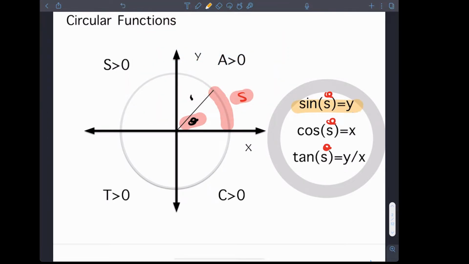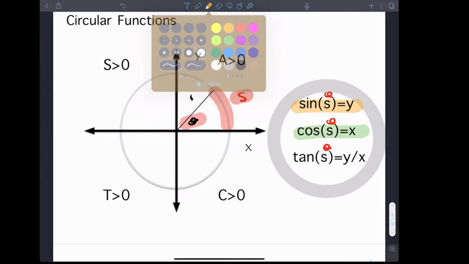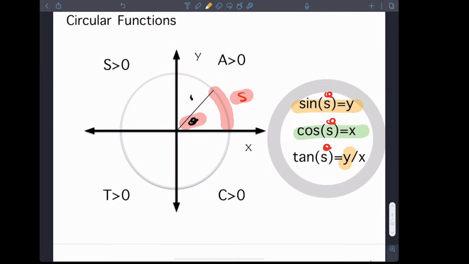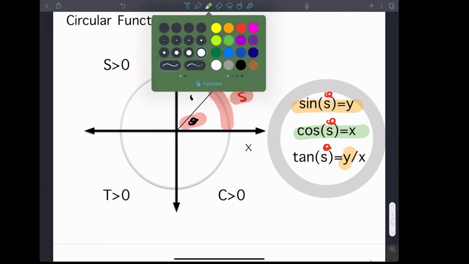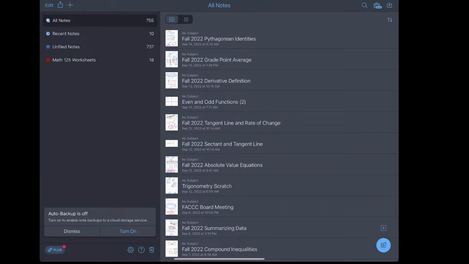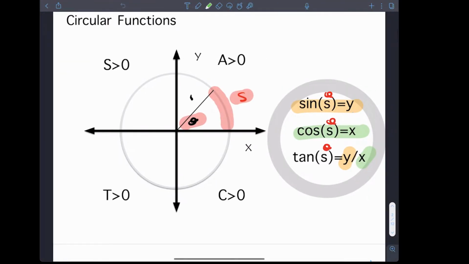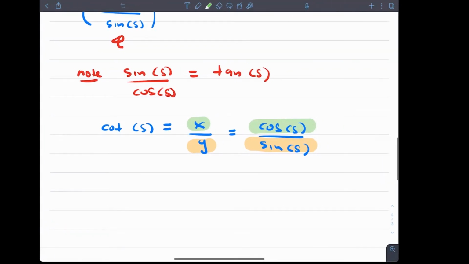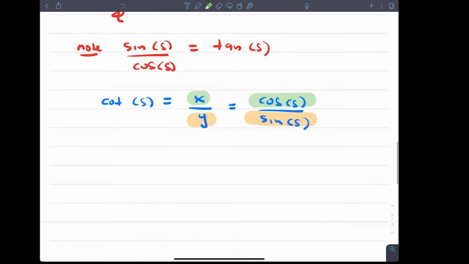Yes, orange and what? Green. Orange. Green. All from the circular functions. Anyway, the point I'm making here, we have another relationship.